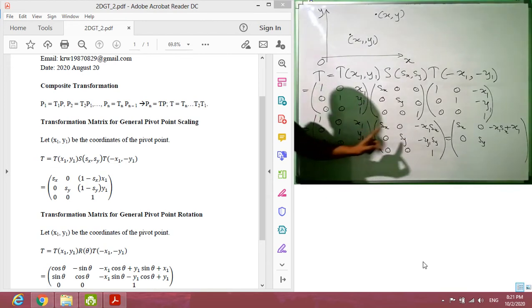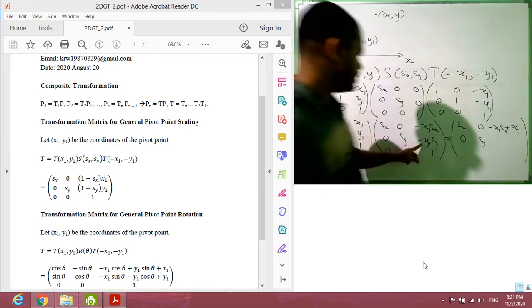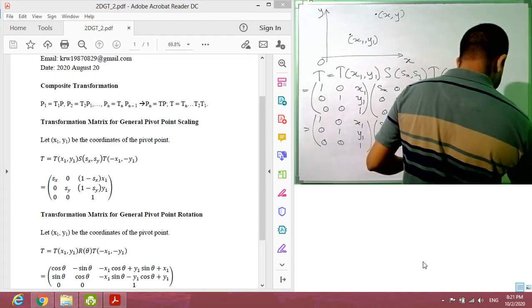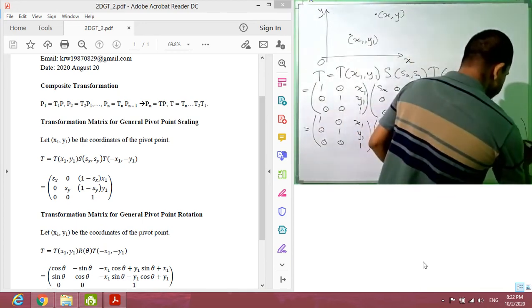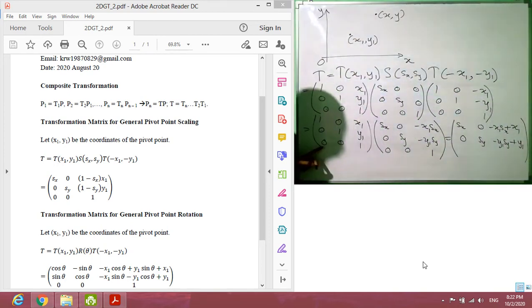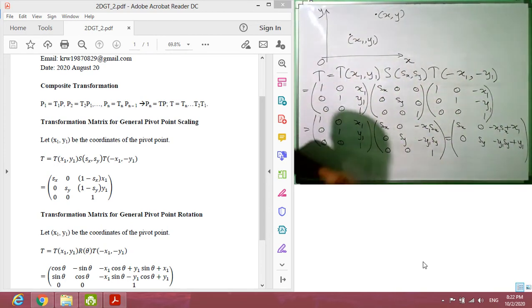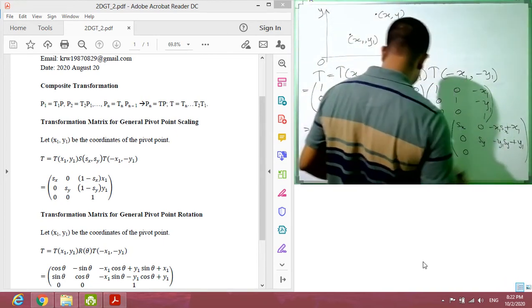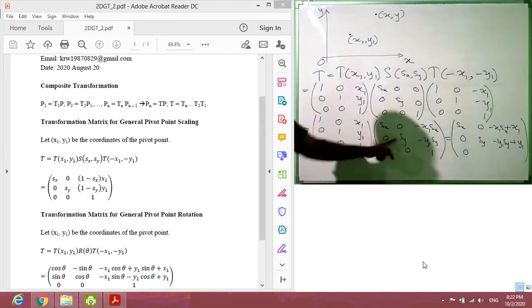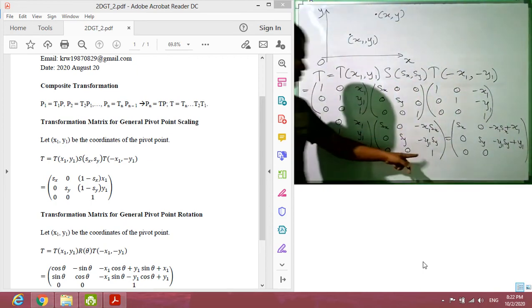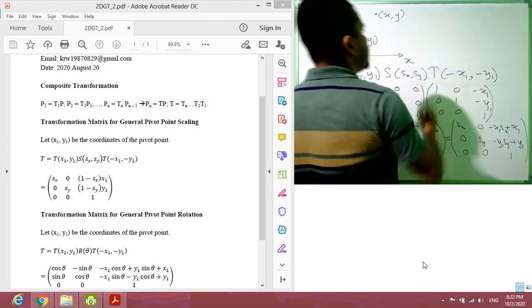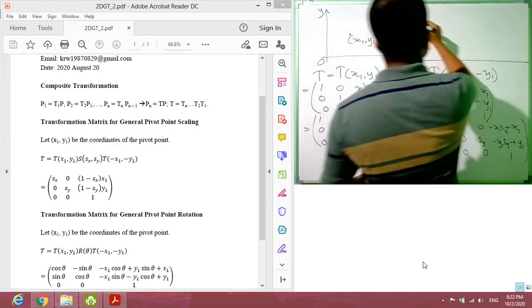Now 0 minus y1, minus y1 sy plus y1. Then all zeros here, then 0, 0, 1.